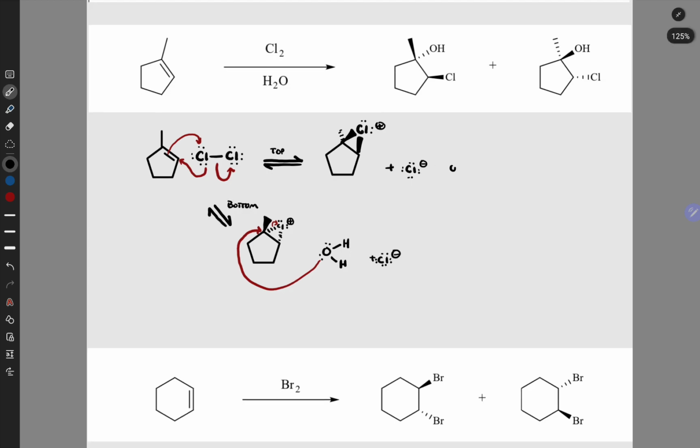Same thing up here. I'll draw that up here. Sorry, I'm kind of doing this at the same time. These are both different ways that this could happen.